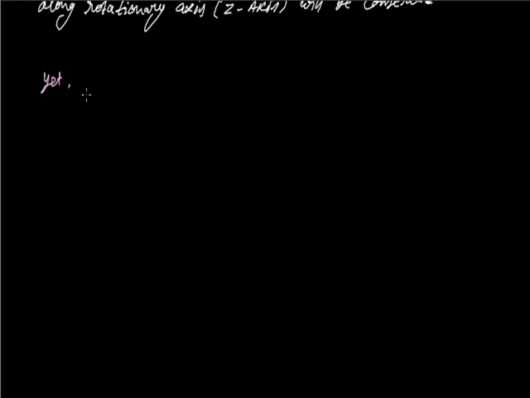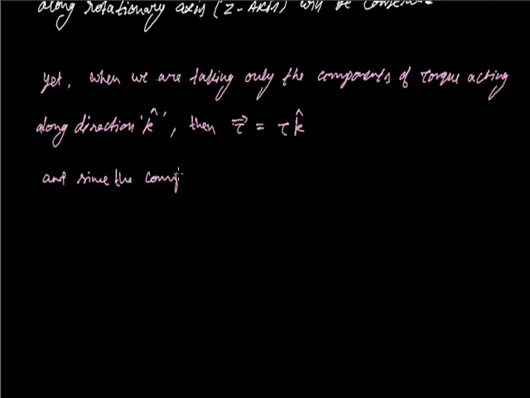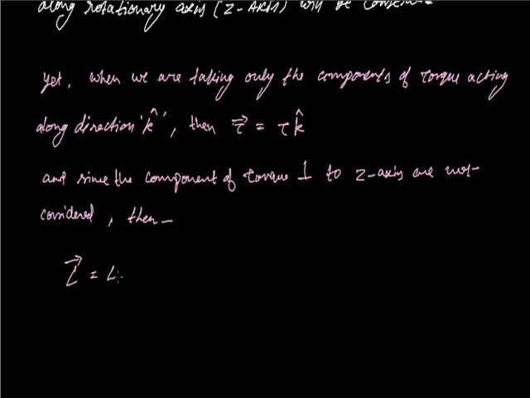Yet when we are taking only the components of torque acting along the direction of the z axis, then we consider that the torque is given by the magnitude of torque multiplied by unit vector k cap, and since the components of torque perpendicular to the z axis are not considered, the net angular momentum will be given by Lz, that is I omega k cap.